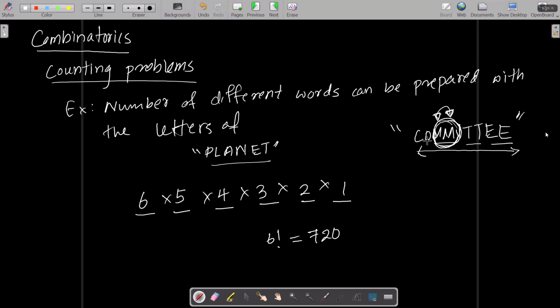We have 9 letters here, so if we didn't have repeated letters, this would be the answer. And we know that there are 2 possibilities with these letters, so we divide by 2. And for double T's, the same thing happens. For E's, the same thing happens.